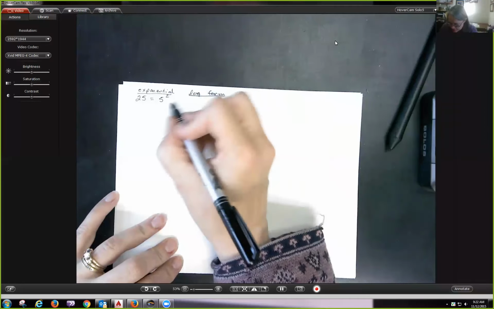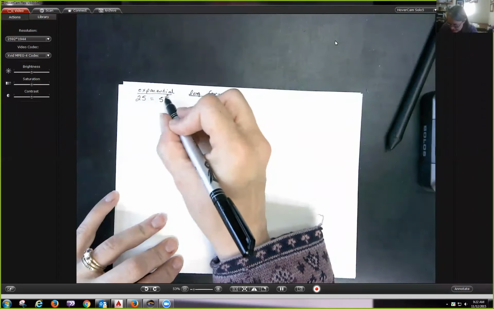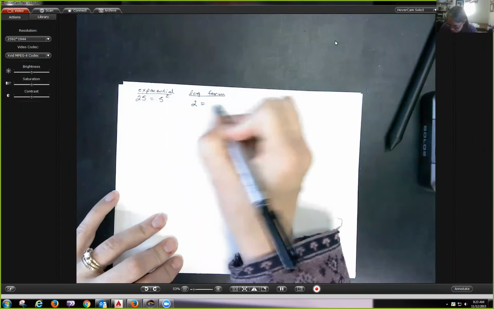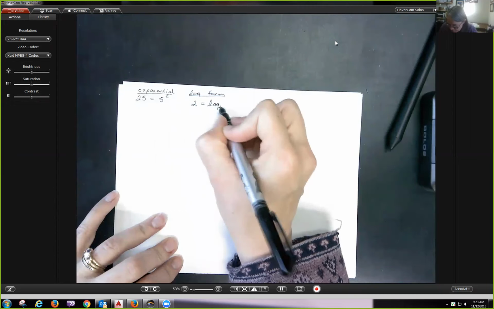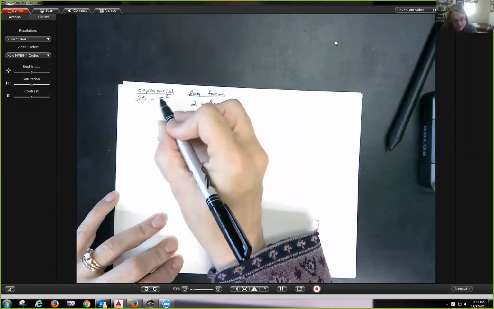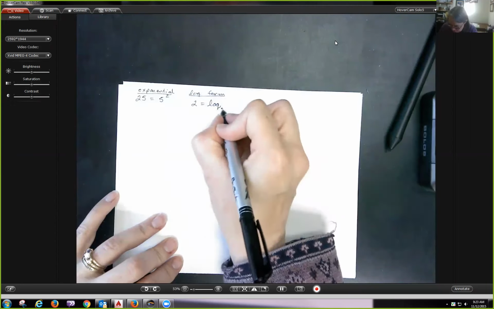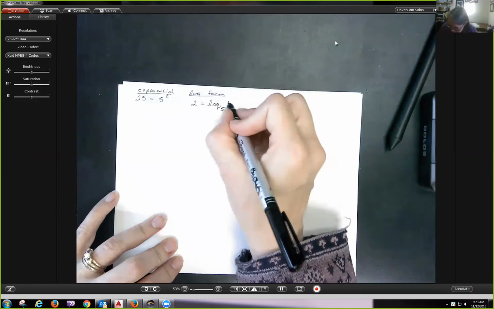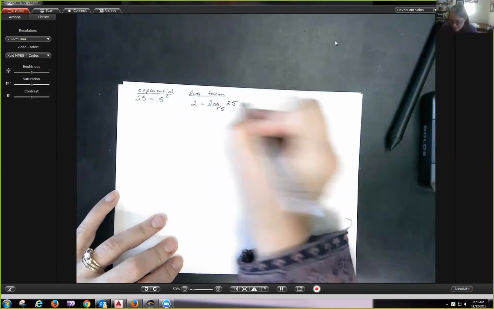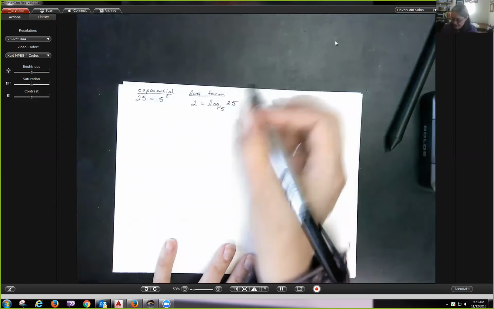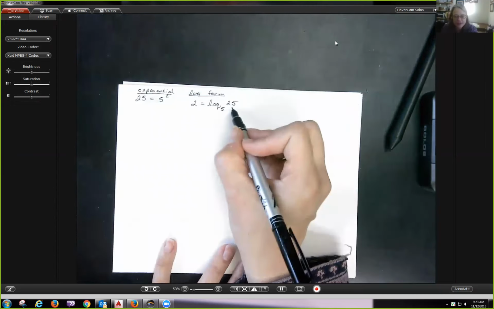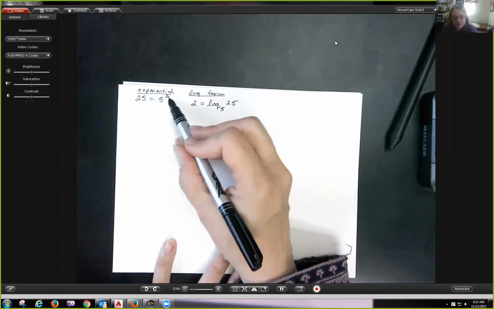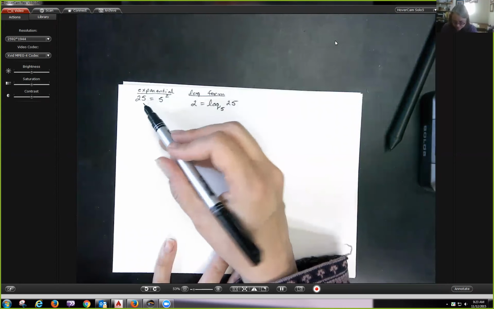The logarithmic form says that the exponent, which is 2, is equal to the log base, whatever our base is over here, which is 5, of the only thing left, which is 25. So the log base 5 of 25 is 2 because 5 squared is equal to 25.